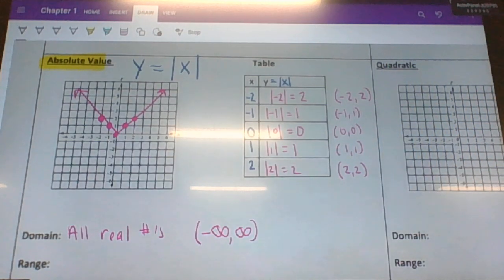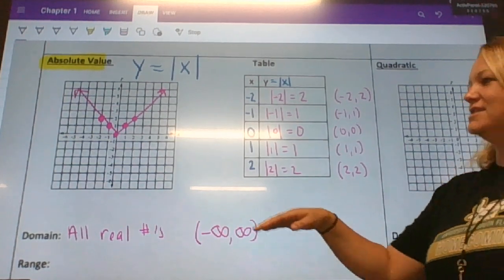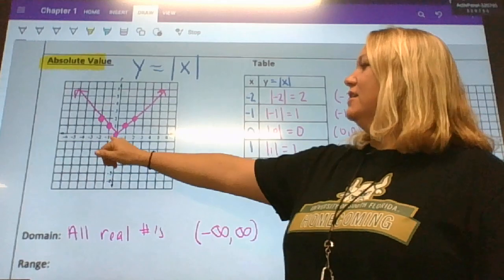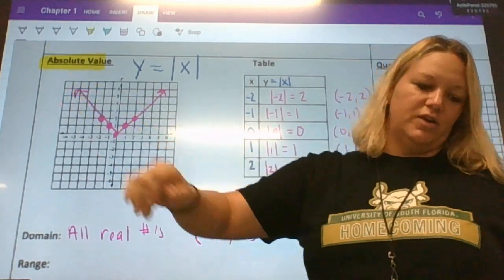Vincent, you think you could do range here? Would it be y greater than or equal to 0? Right. Okay, so y never went negative here. So y is going to be everything greater than or equal to 0.